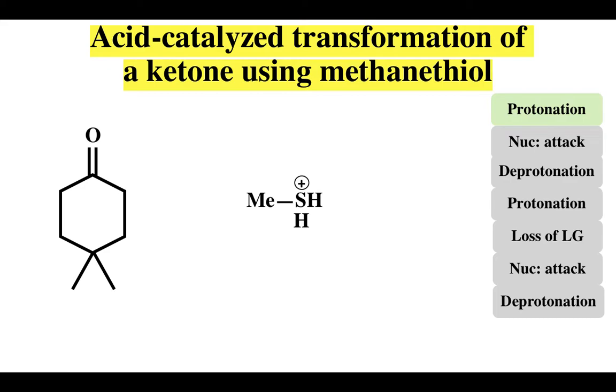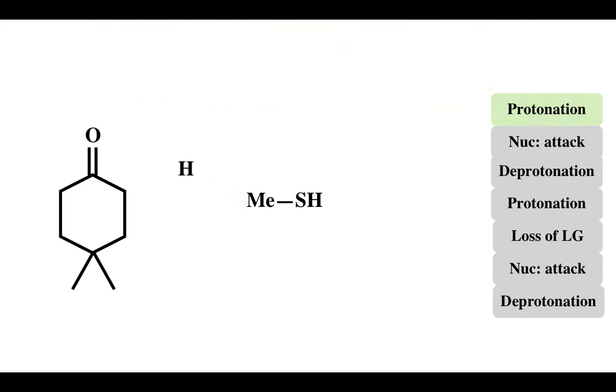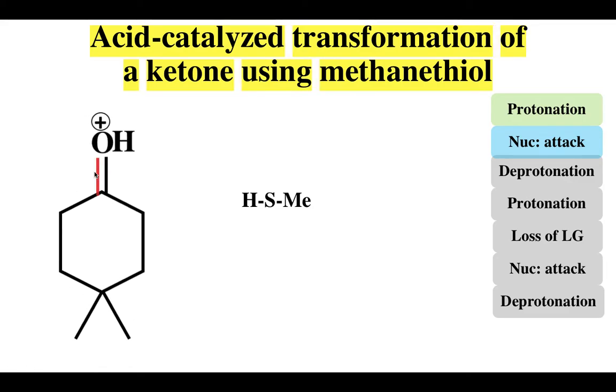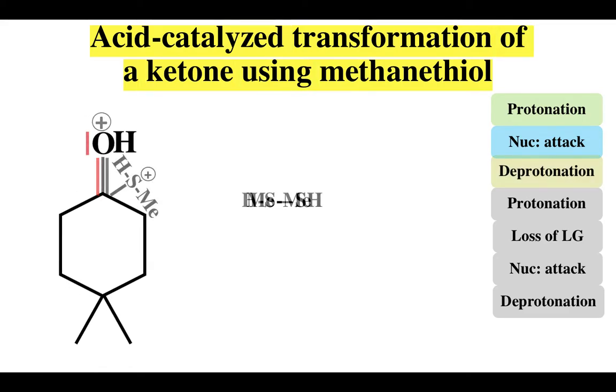So methane thiol in its active form will donate a proton to the carbonyl atom, and the carbonyl atom will now become activated, and this activation will make it into a very good electrophile, a very good positive center. Our methane thiol in solution will nucleophilically attack that positive center that we created via the same mechanism that we've seen.